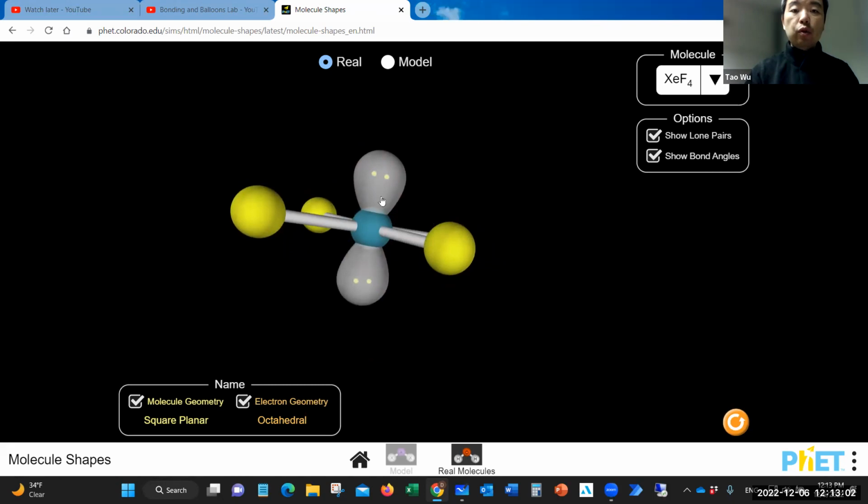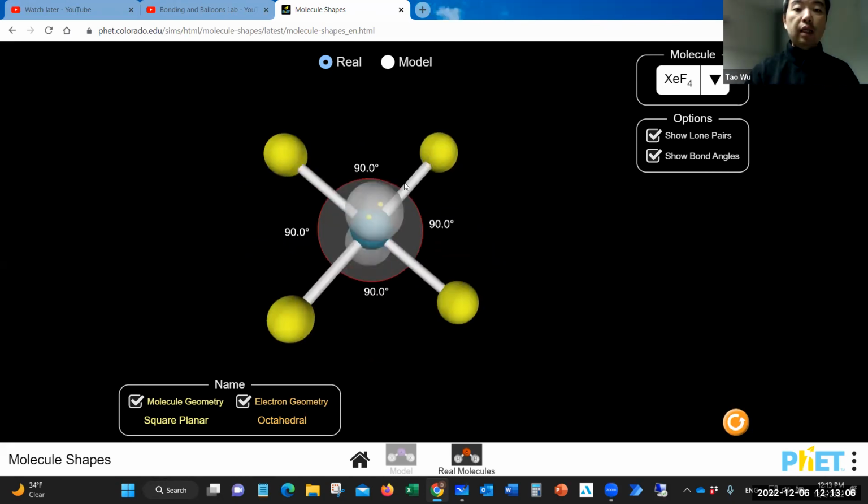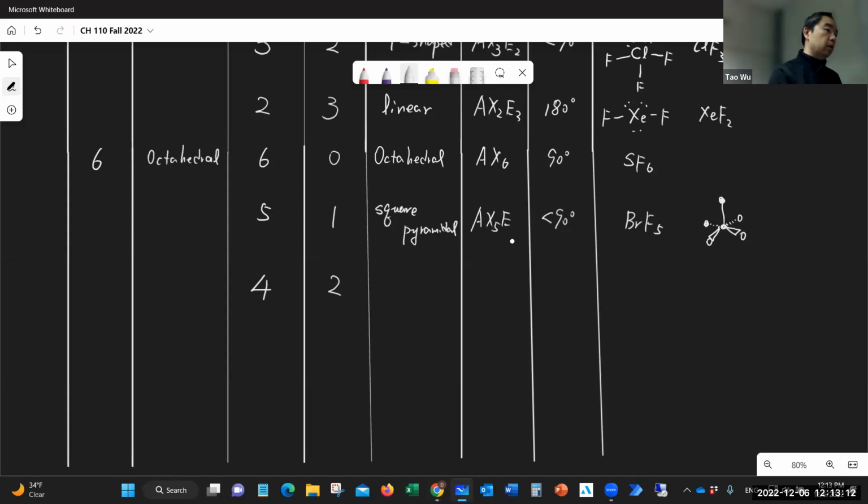Since the 2 lone pairs cancel each other, the bond angle is exactly 90 degrees. It's AX4E2.